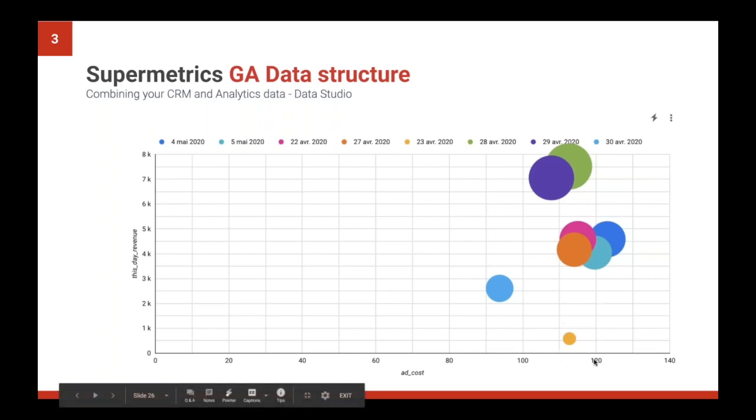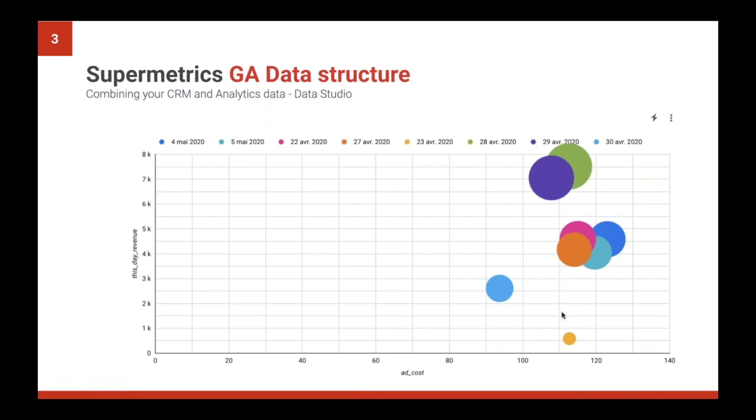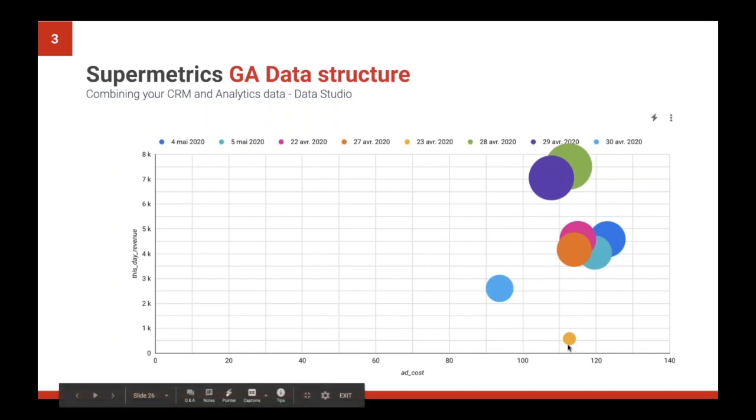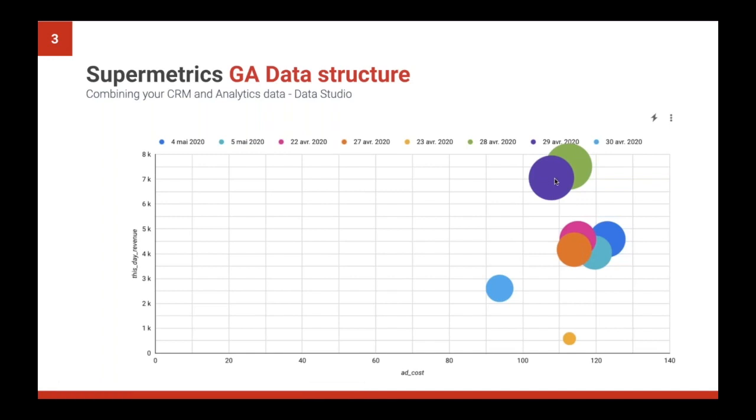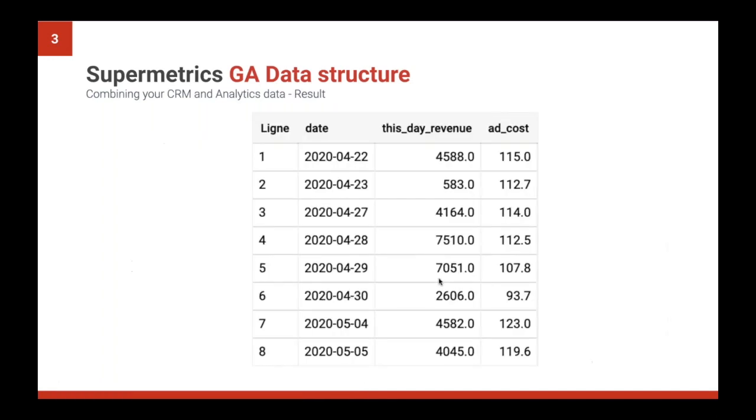It's between 90 and 130. So I can realize here, for example, that I spend quite the same amount of money on ads during these days, but my revenue is different. It can be quite different. Sometimes it's really small, sometimes it's really big. So it depends.